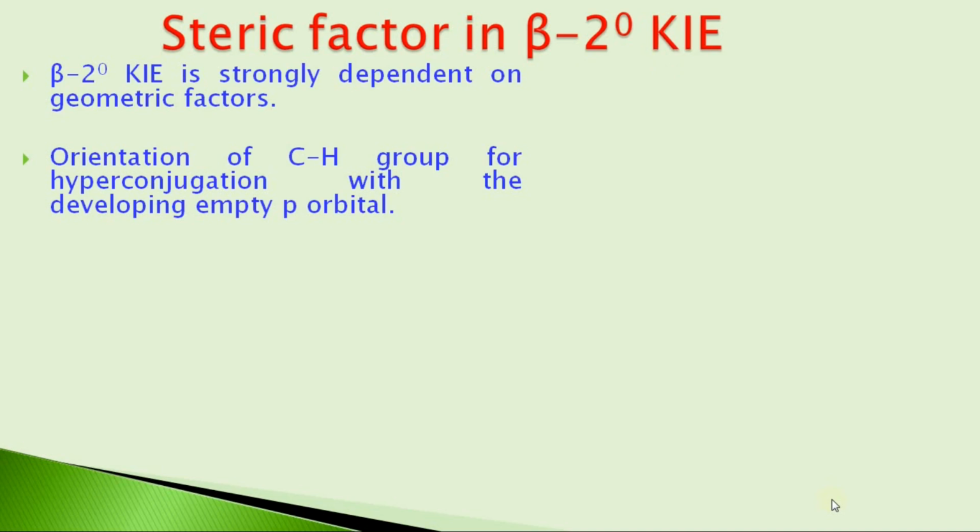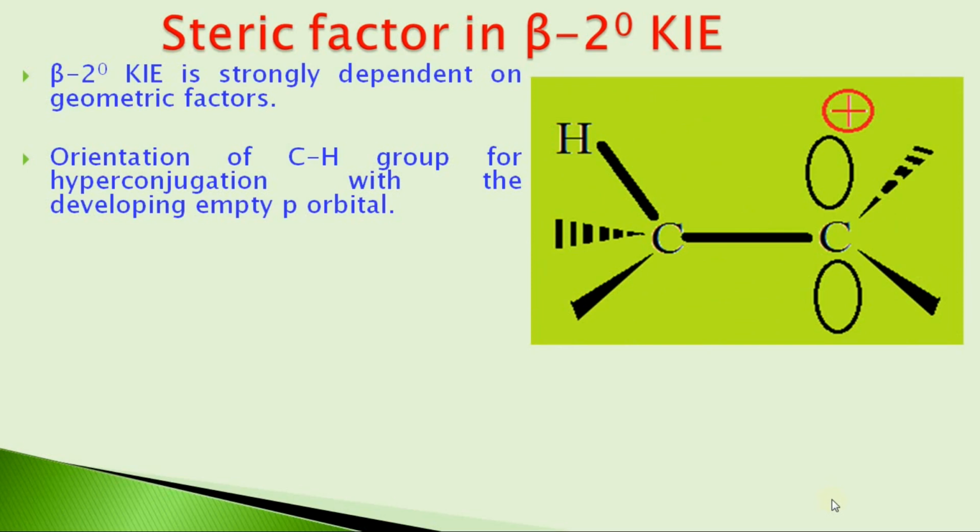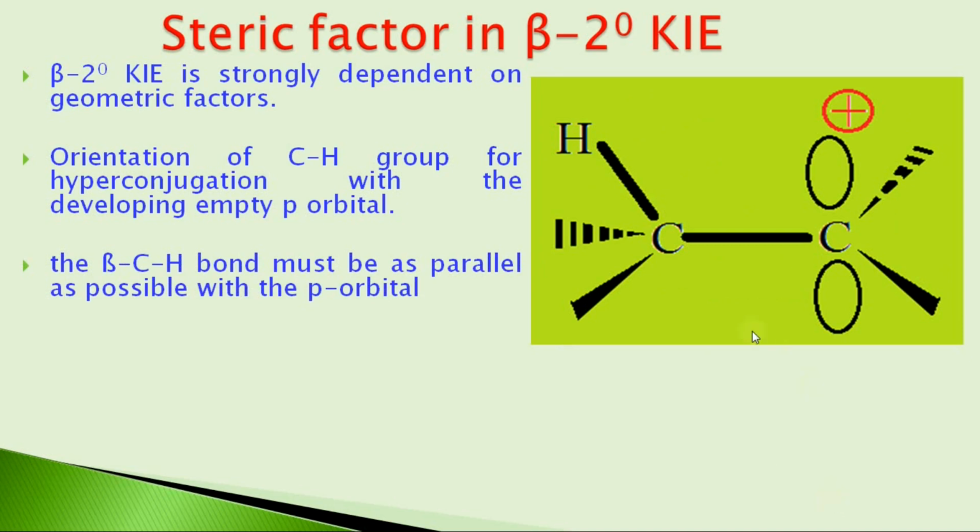What is its orientation with respect to the developing empty p orbital? For observation of beta secondary KIE, this beta CH bond must be as parallel as possible with the p orbital. It means this is the CH bond which is going to stabilize this carbocation by hyperconjugation. For hyperconjugation, the two electrons of this CH bond will be shared with this empty p orbital.